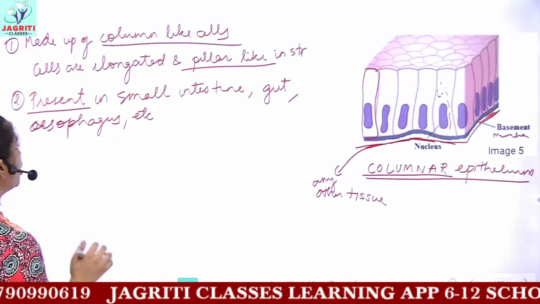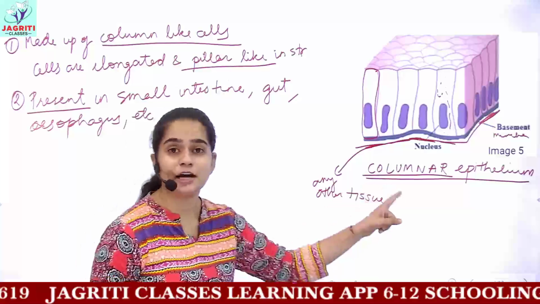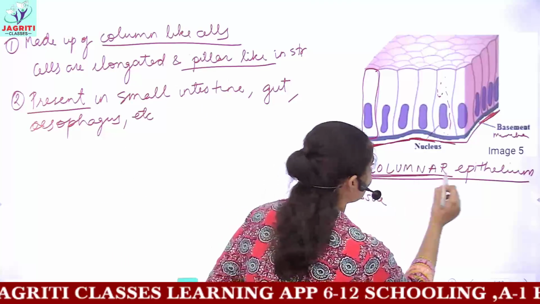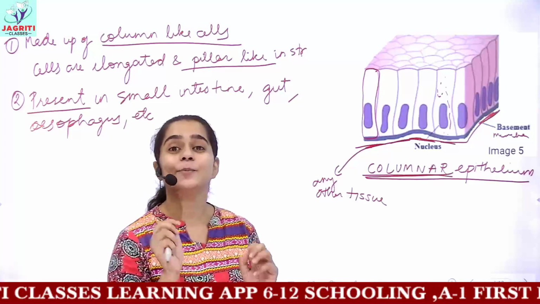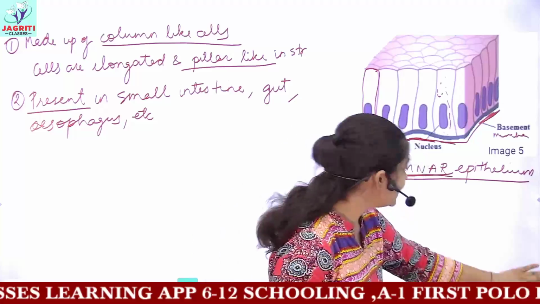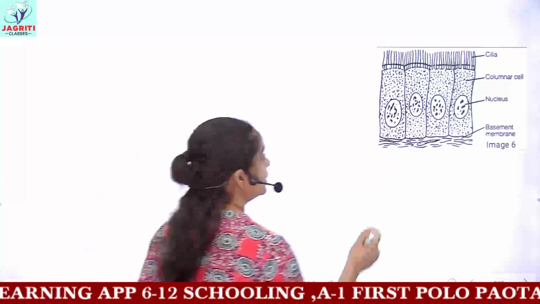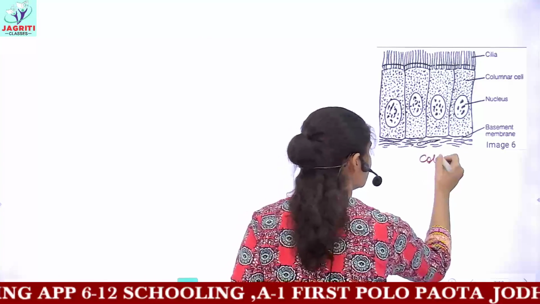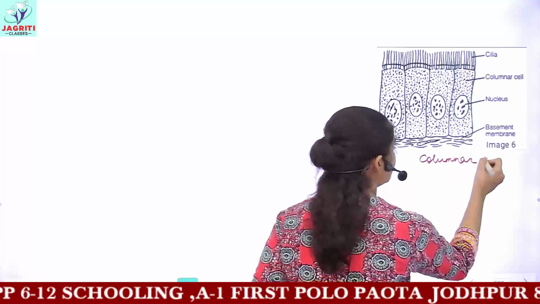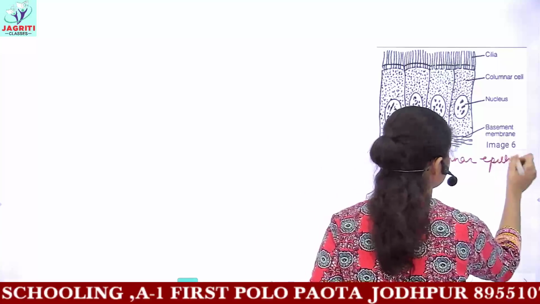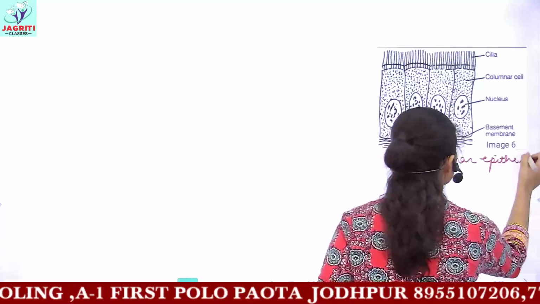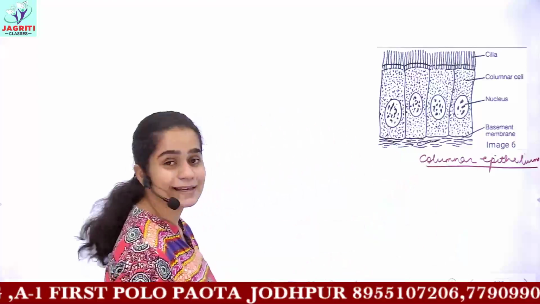Then one more modification of this columnar epithelium is when it develops hair-like projections on its surface. Let's see in this next diagram. This is also your columnar epithelium, but you can see one difference.